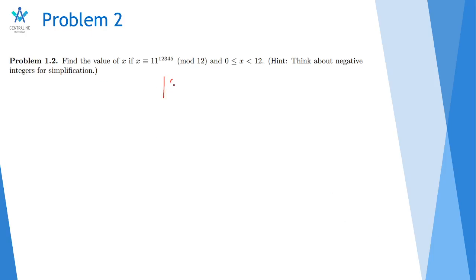Well, as I've said before, since 12 is congruent to 0 modulo 12, adding or subtracting 12 or a multiple of 12 from either side of the congruence will not do anything. So let's say I were to take x is congruent to 11. 11, if I subtract 12 from it, is equal to negative 1.